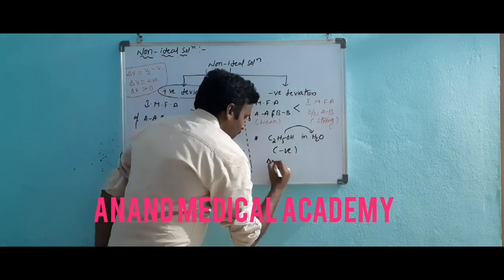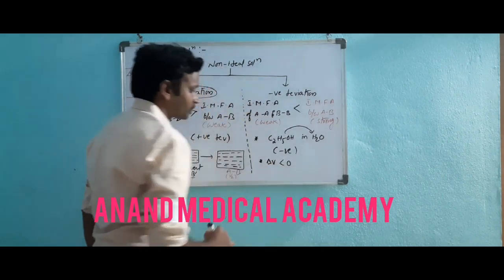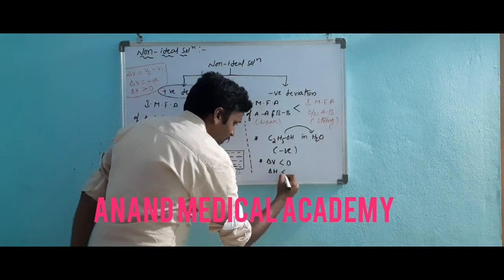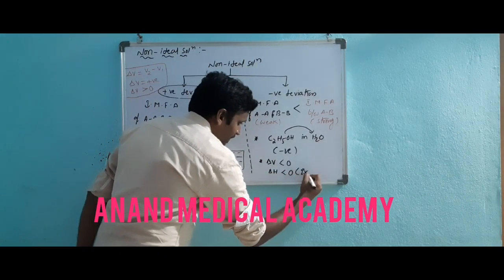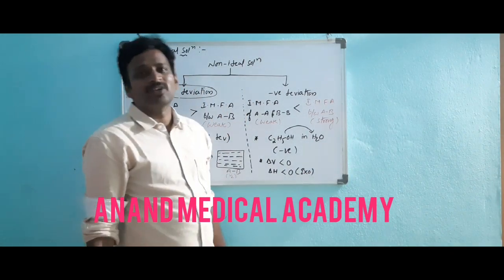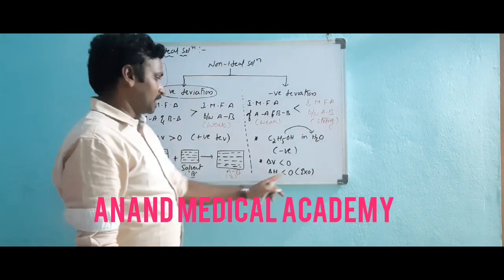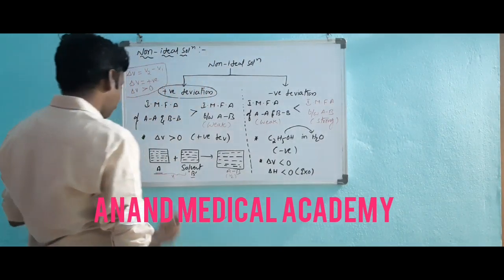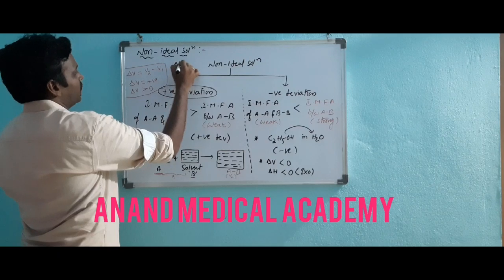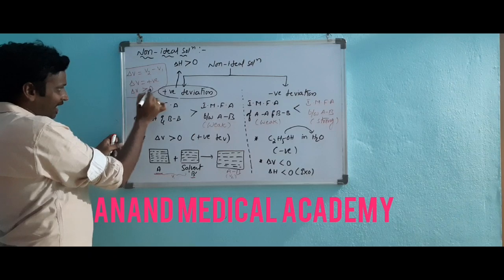So here delta V will be less than 0. Here delta H is also less than 0, which means exothermic. Delta H is negative, less than 0, because after formation they have strong bonding. Whereas for a positive deviation, delta H is greater than 0 and delta V is greater than 0.